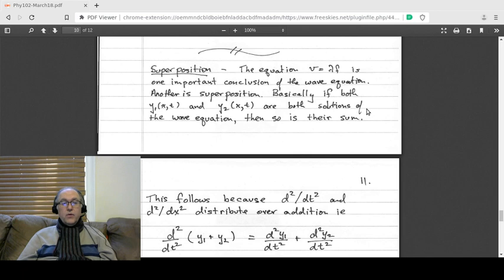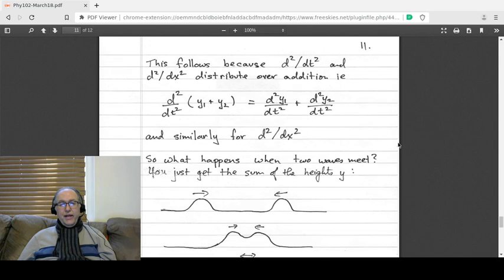And so what is it? It basically says that if you have two solutions to the wave equation, one of them call it y1 and the other y2, then the sum of the two is also a solution of the wave equation. That's so trivial. I did prove it in class, but it's trivial, because differentiation simply distributes over addition.